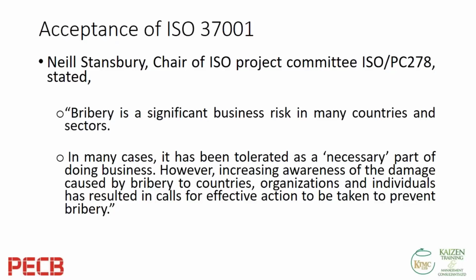ISO only develops standards that are in demand. Clearly, a management system addressing anti-bribery is in demand. Hence, development will enable organizations that have time and resources to develop internal systems, internal controls, and processes to prevent bribery, gain momentum, and broaden those efforts.